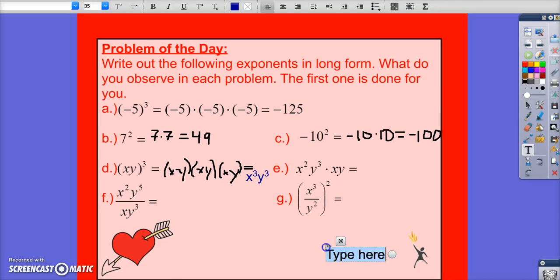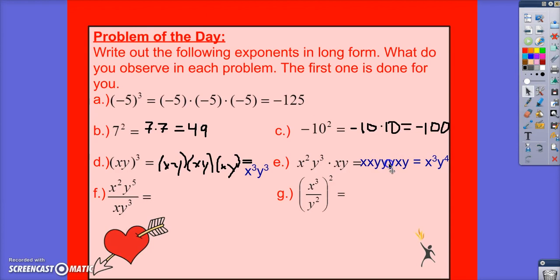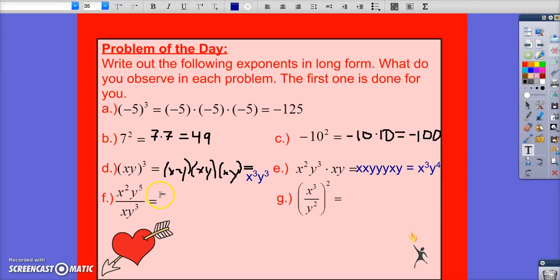I think I'm going to write some of these out here. The next one here, let's see how many x's I have. I have 2 x's, 3 y's, an xy, which if I count them, I have what, 1, 2, 3 x's. So x to the third, y to the fourth, and let's write it out for the next one as well.